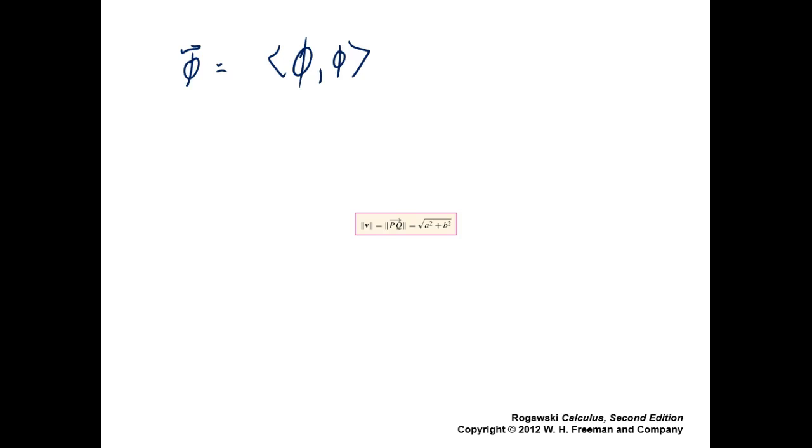It has length 0, and it's the only vector that has no direction. Technically, it has no length either; the length is 0, and it has no direction. It could be pointing in any direction because the two points coincide with each other, so it really has no direction at all.